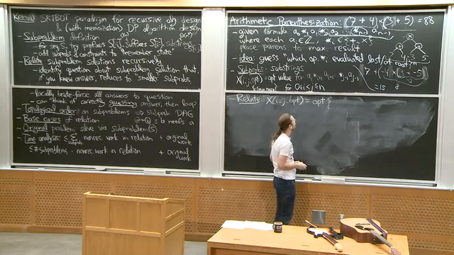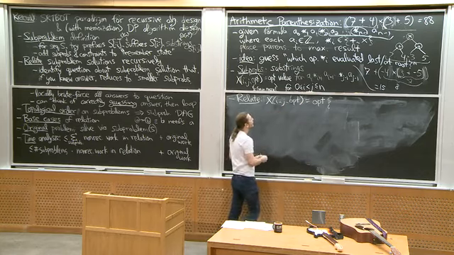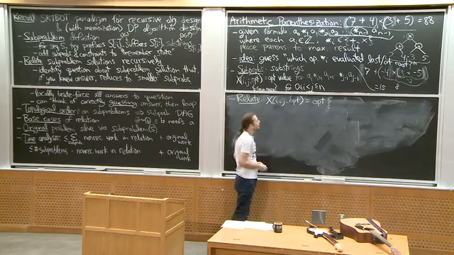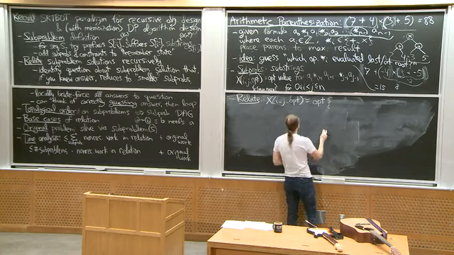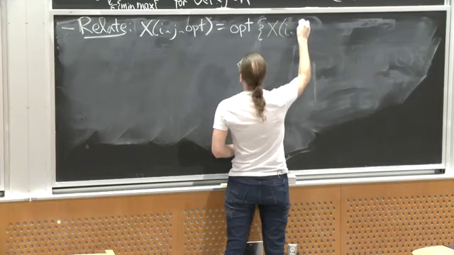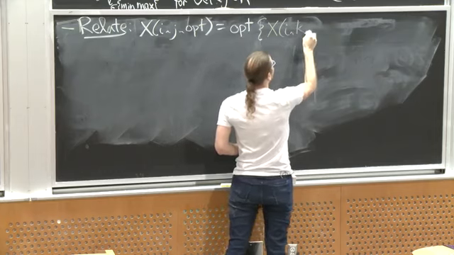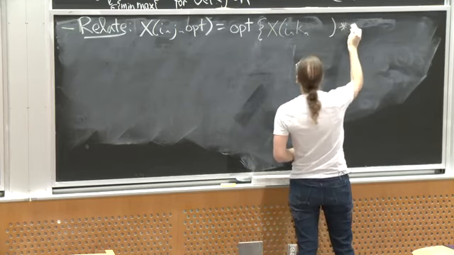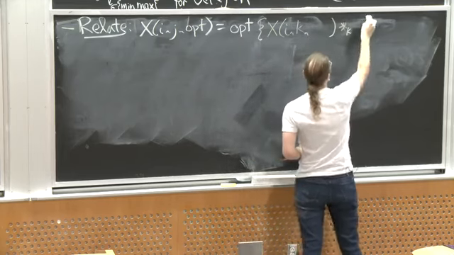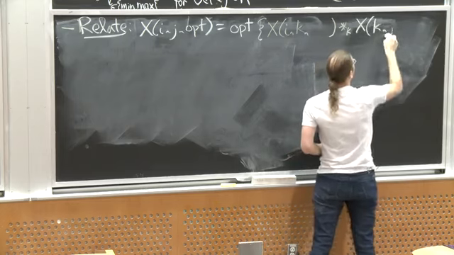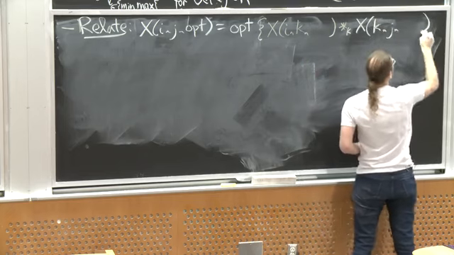So I'm going to guess which of my operations between i plus 1 and j minus 1 is the last one that I evaluate. And that decomposes into everything left of k. So that would be x of i, comma k, comma something. And then we will do operator star k on the part after k, which is from k to j, something.